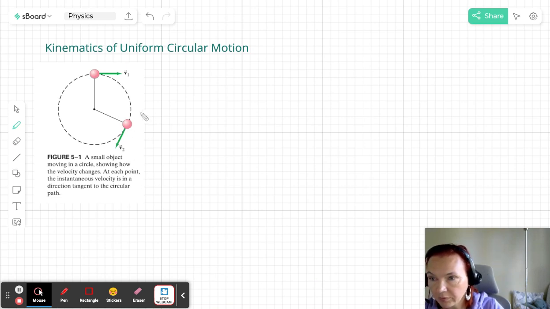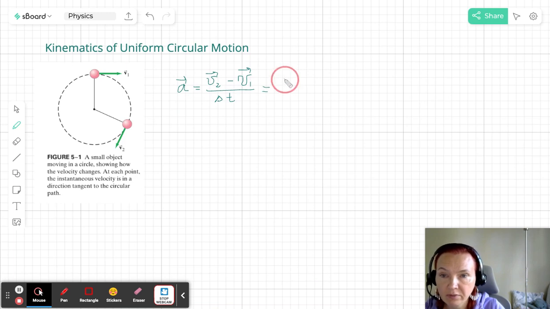The equation for acceleration, a, is written as the change in velocity, v2 minus v1, over delta t, over time. And v2 minus v1 is the change in velocity, so delta v over delta t.